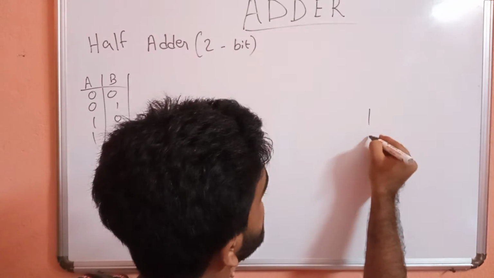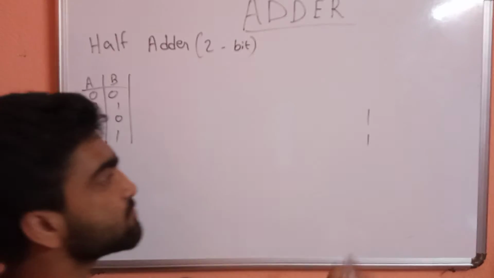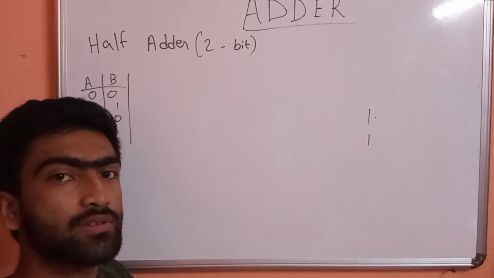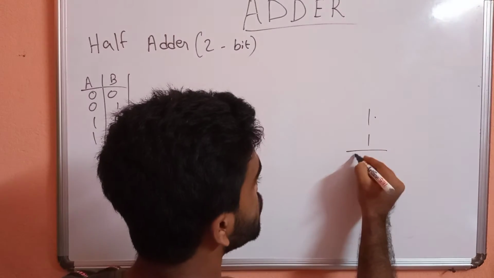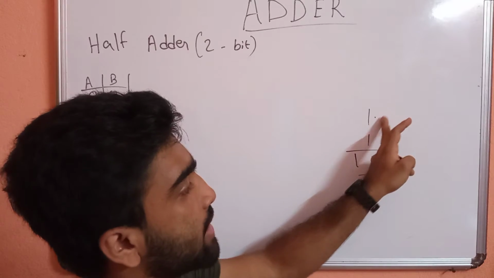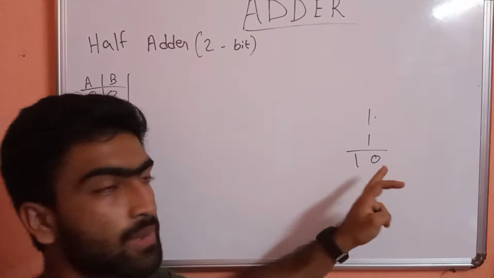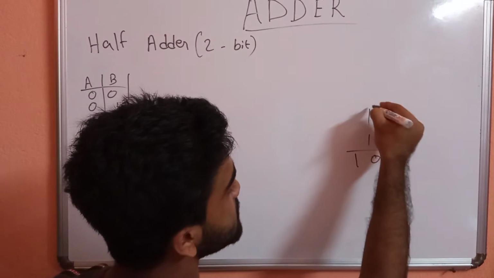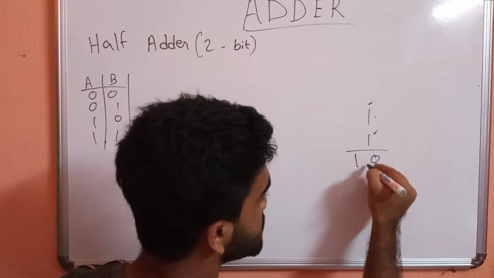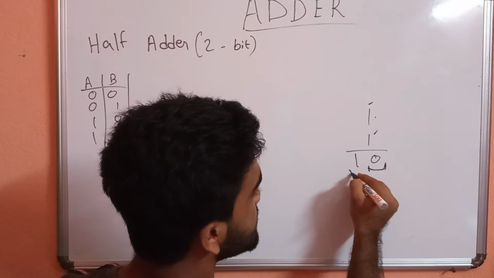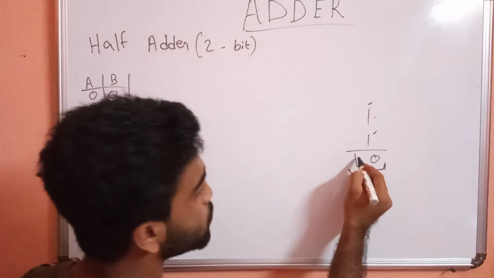Suppose in binary we are adding 1 and 1, what will we get? 1 0, that means 2. 1 and 1 will give 2. In binary what is 2? This is 1 bit, so this is my sum and the carry part is 1.